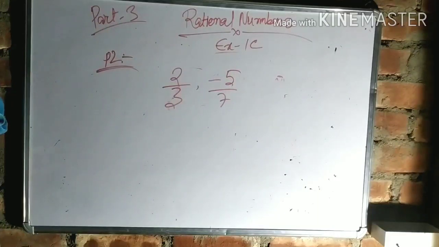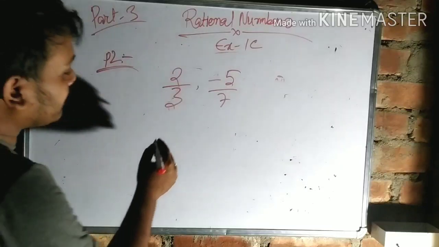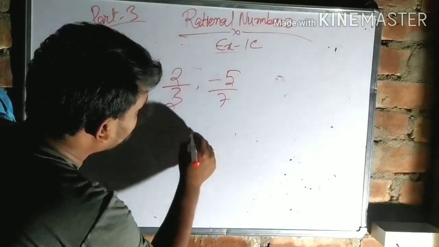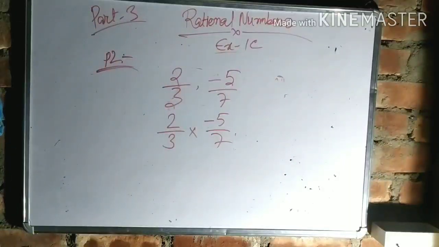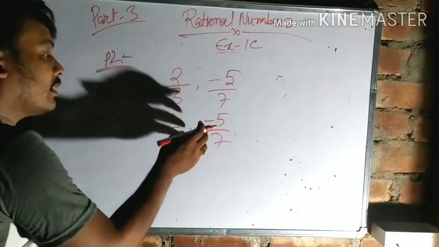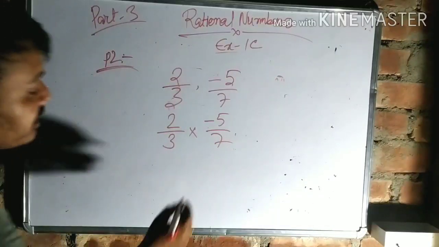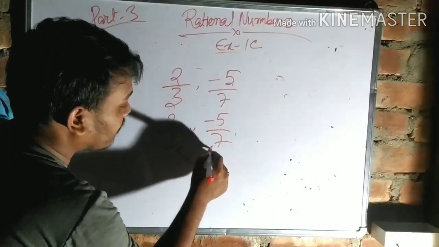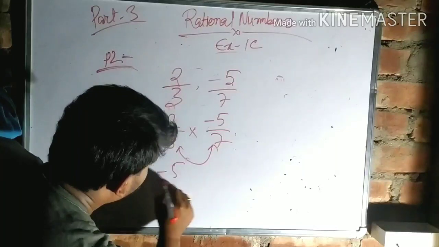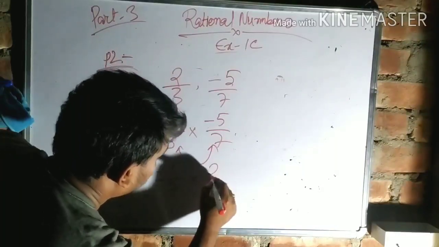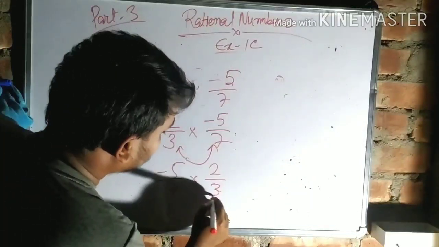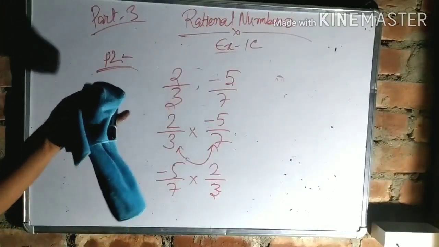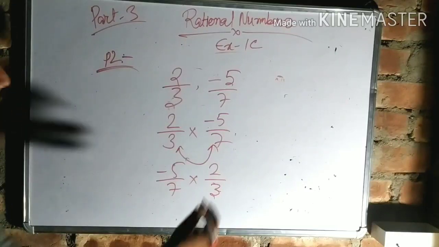Commutative property means if we multiply any two numbers first, and again we multiply these two numbers without changing the sign, changing only the position of the numbers, minus 5 by 7 into 2 by 3, and these two values are equal, then we call multiplication commutative.